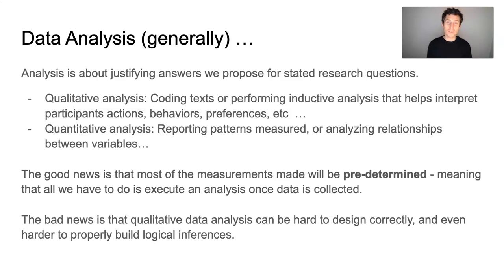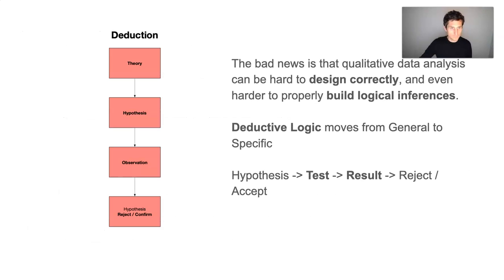But now the bad news is exactly what the good news was: it's really hard to specifically say what exactly we'll measure and what exactly we think about those measures in concrete ways that will allow us to come up with some very specific answers to the general theories that we have. So let's look a little bit closer at this idea of good news and bad news in quantitative deductive analysis.